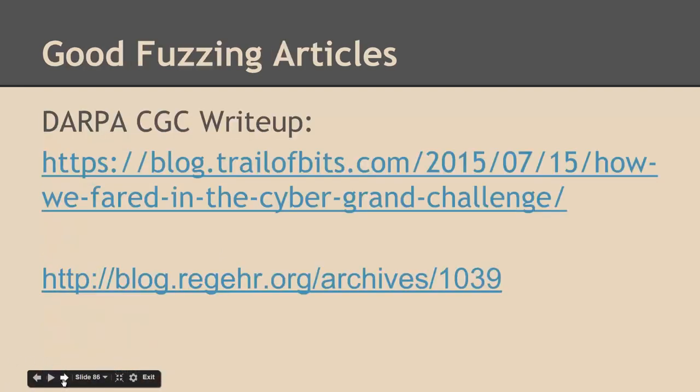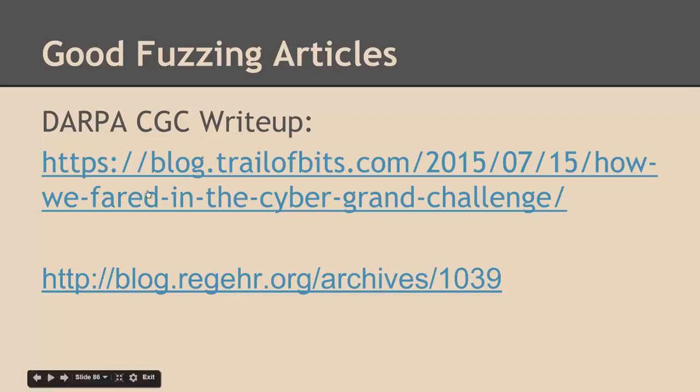And this is a blog article that's worth reading from Trail of Bits. It's about the DARPA Cyber Grand Challenge, which is a competition to automate fuzzing, landing of exploits, and patching of vulnerabilities, and much, much more.